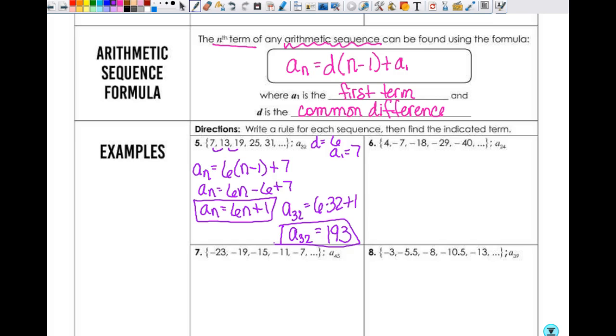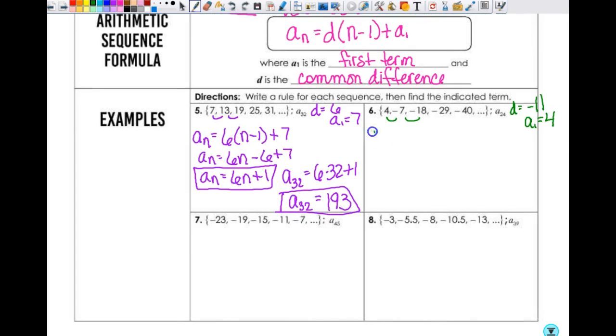All right, so let's look at number 6. That's how many cats. What is your common difference here? We're subtracting 11, right? So D is equal to negative 11. A sub 1 is equal to 4.